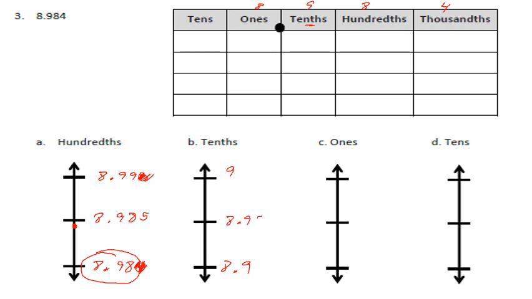Now in the center, I'm going to have 8 and 9 and 5 hundredths. Now we come up to our original number, 8 and 98 hundredths. So we know it would be right about here, so we'd round to 9.